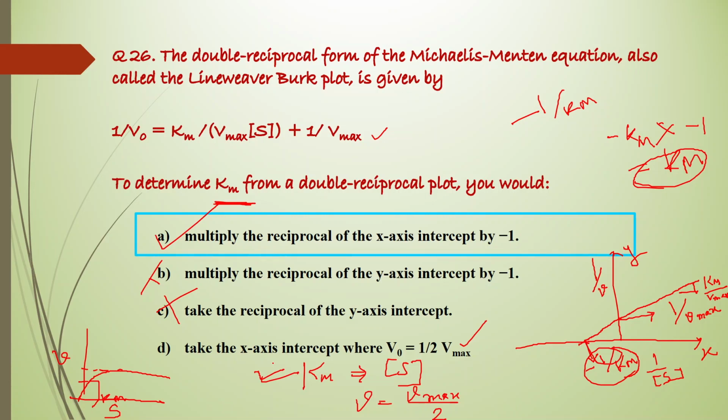So if just by the definition you have selected this option, then you would be wrong. You have to be very careful what plot they are talking about. So our fourth option is not valid for double reciprocal plot. So it was wrong again. The only correct option was option A.